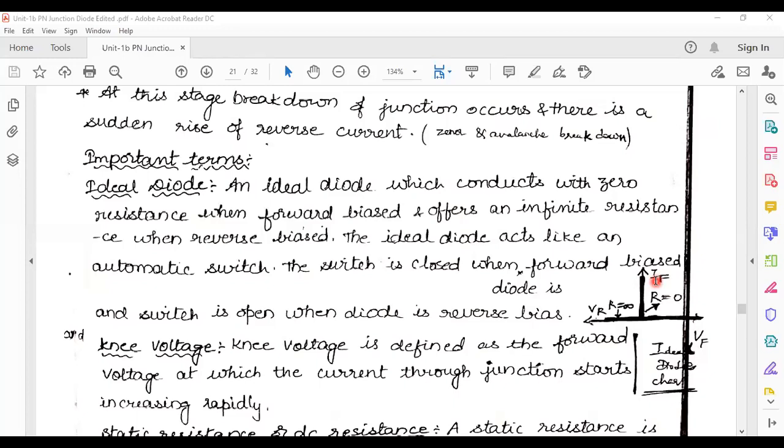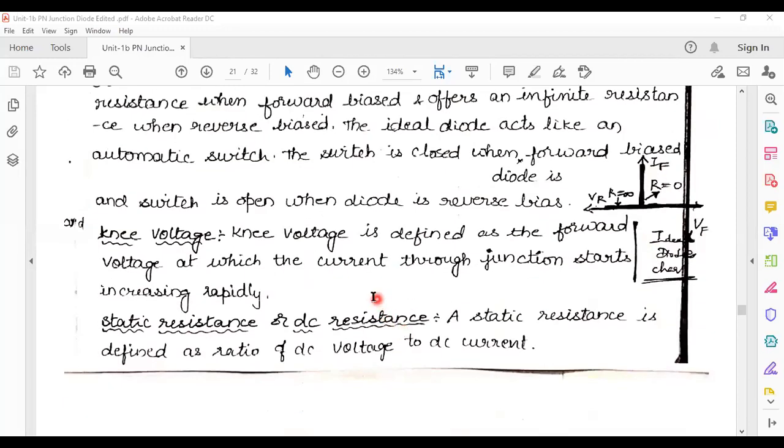In the forward bias condition, the diode acts as an on switch or closed switch. In the reverse bias direction, the diode acts as an open switch or off switch. Due to this, the resistance is 0 in one case and infinity in the other.